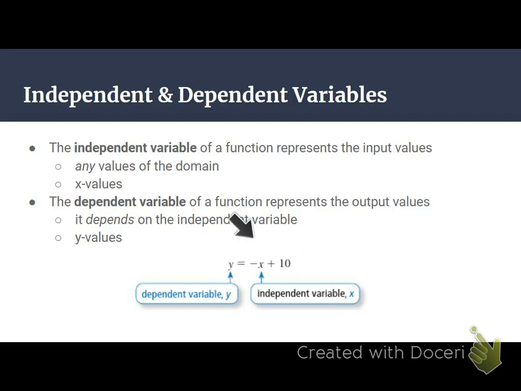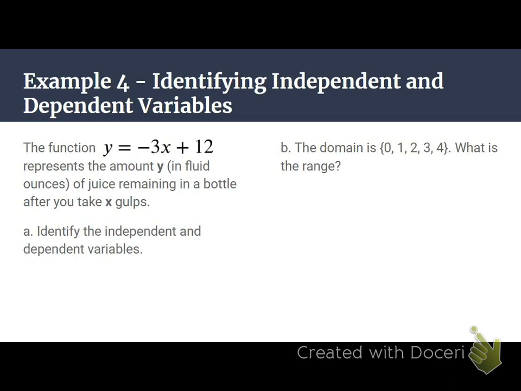So we've got a little equation or function down here that shows us the independent variable is the x, the dependent variable is the y. Anybody need more time on that box? Okay, we'll keep going then.